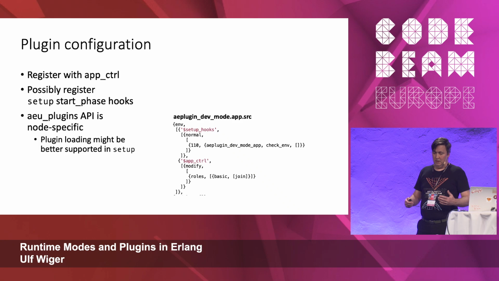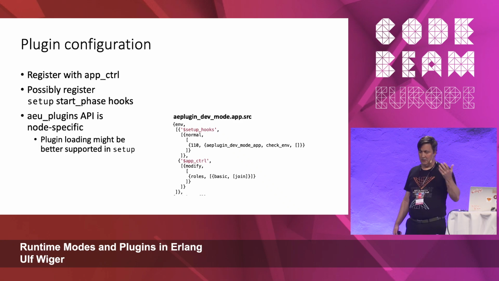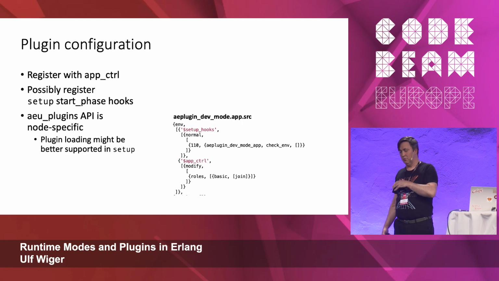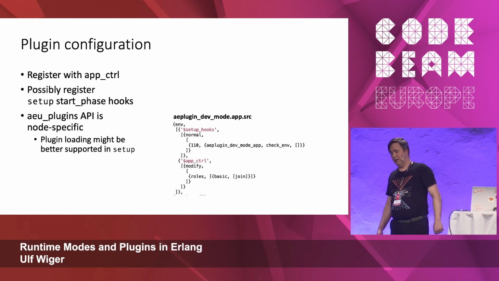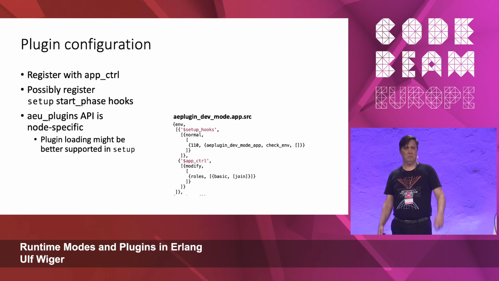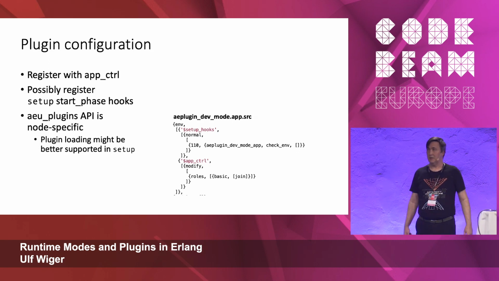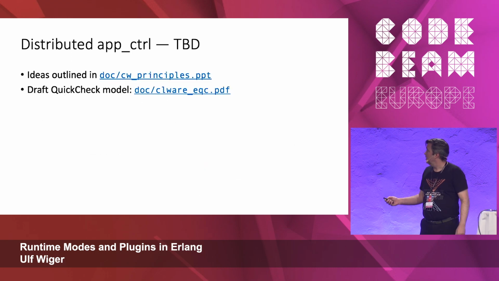So essentially a plugin is an OTP application, and it gets started or stopped based on the app control rules. It can register itself with setup hooks, and also figure out where to put data and stuff like that. So that's essentially it.